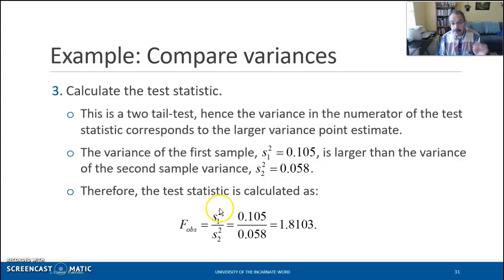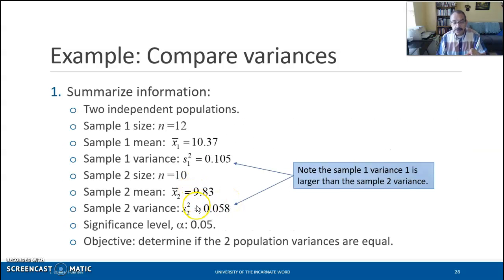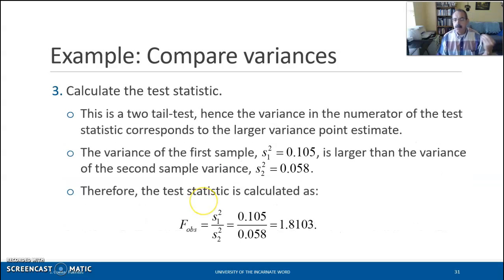And also remember, these are variances. Fortunately in this problem, they gave us the variances. But if there are problems where they give you the standard deviations, remember, you need to square the standard deviations so that you obtain the variances. So the observed value of the test statistic is 0.1803.